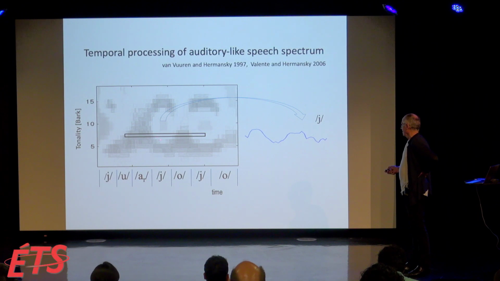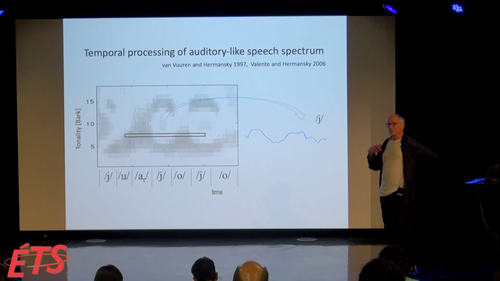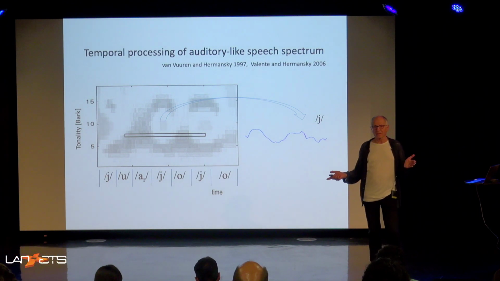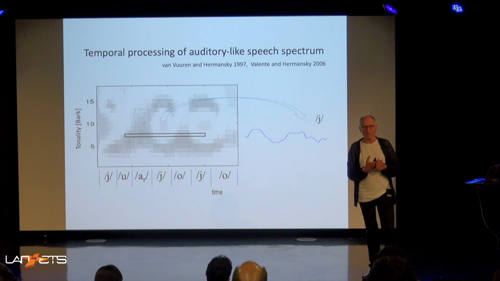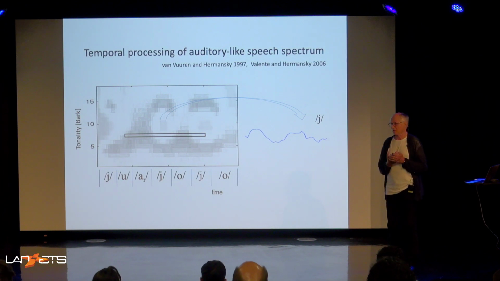This is called a temporal vector, and you do it at different frequencies, and so you get many vectors. Each of them is labeled with the phonetic quality which this vector describes.